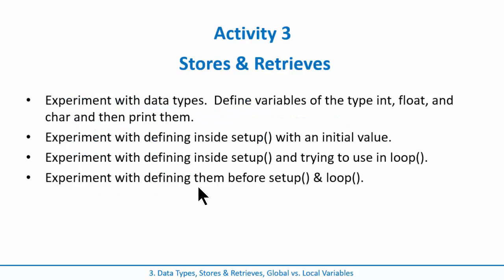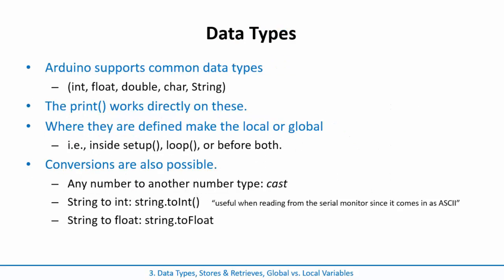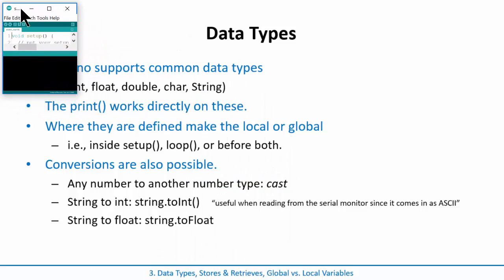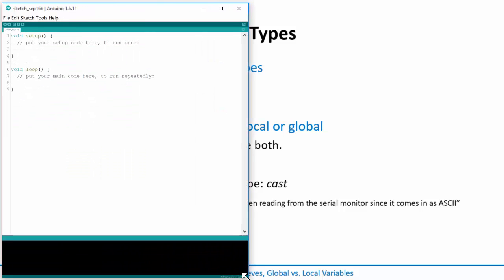So anyway, let's take a look at some examples here of how we use this. I'm going to fire up a new sketch, and we've got our void setup and our void loop, which are good. Let's just start off by making some basic variables, and we'll see what happens when we try to print them and do stuff like that.